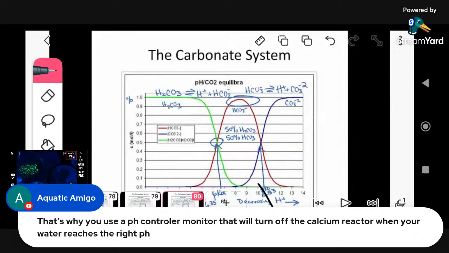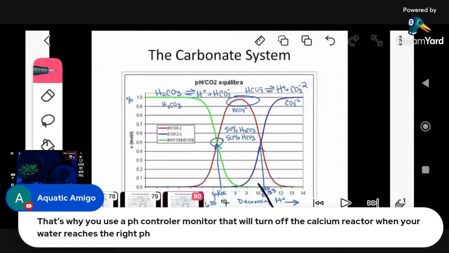Let me read your comment real quick. Okay, there you go. That's why you use a pH controller to monitor and turn off the calcium reactor when the water reaches the right pH. Sorry if I read that wrong. I'm reading from a far distance and I could barely read the screen, but definitely.